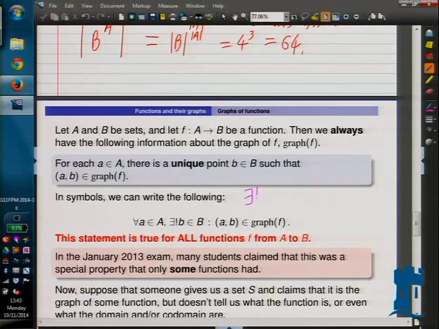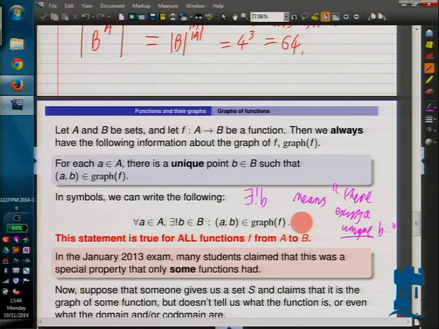So exists factorial b means there exists a unique b. Which means exactly one. Not none, not two, not more than two, but there's exactly one. Okay.